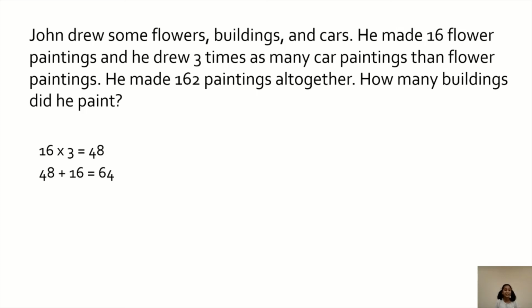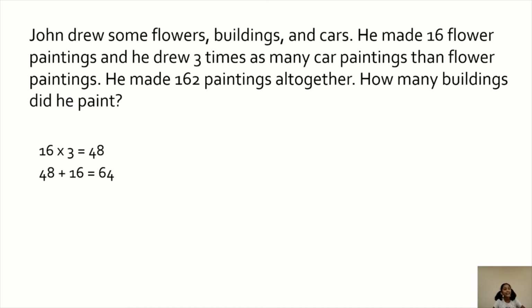I hope you got the same answer as me. So now we figured out the sum. Now, like I was saying, we need to subtract 64 from 162. If you subtract those two, then the buildings will be left. So 162 minus 64, everybody.